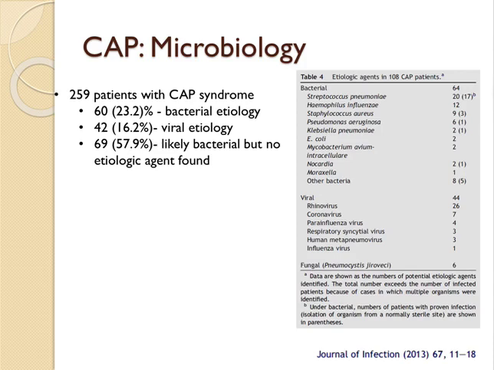And what they found is that 23% of the patients had a bacterial etiology, with, again, strep pneumo being the most common pathogen, followed by viral etiologies. They were identified in 16% of the patients. And as you can see, more than half of the patients did not have an identifiable agent, but they thought that they probably had a bacterial etiology of their pneumonia.